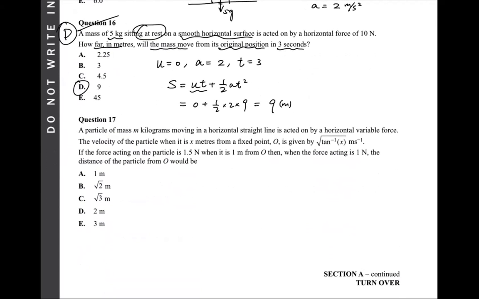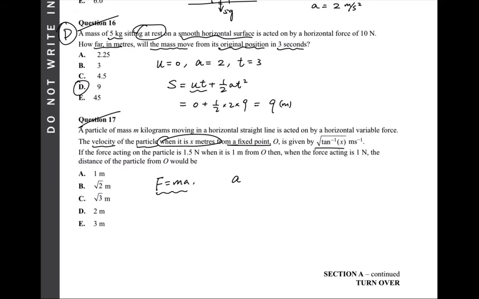Okay, question 17. The velocity of the particle when it is x meters from a fixed point is given by root tangent inverse x. If the force acting on the particle is 1.5 newtons when it is 1 meter from origin, then when the force acting is 1 newton, the distance of the particle from the origin is? So it's also related to F equals ma.